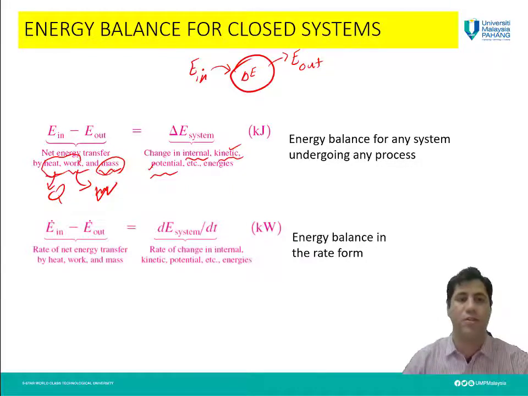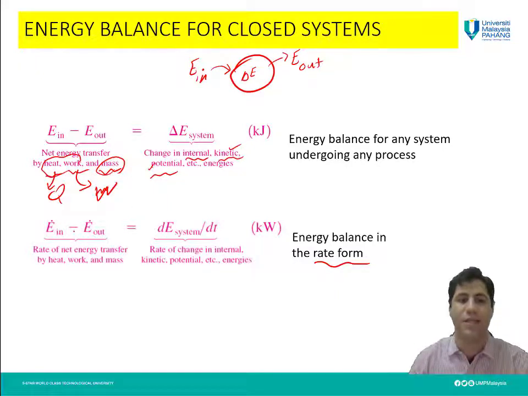And this equation, if you remember, we also had in the rate form. In other words, each one of these, E in, E out, or delta E of the system, per time will give us those terms in terms of time, which we call the energy balance equation in the rate form.